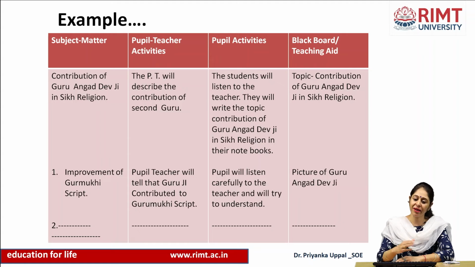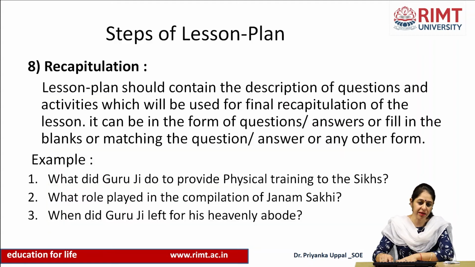And parallel to that, in the blackboard or teaching aid column, we can paste a picture of Shri Guru Angad Dev Ji. In this way, the PT will teach the whole lesson related to the contribution of Shri Guru Angad Dev Ji.